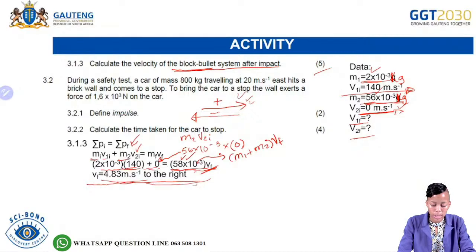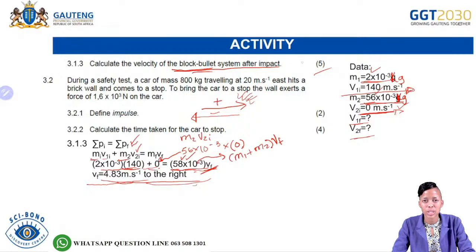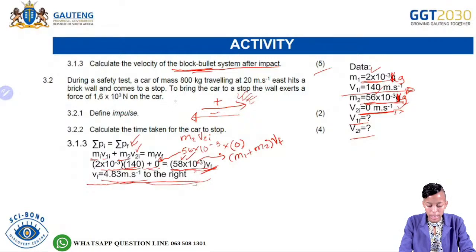Remember we said that the bullet was initially traveling to the right. So that is why we take a positive answer as being to the right.